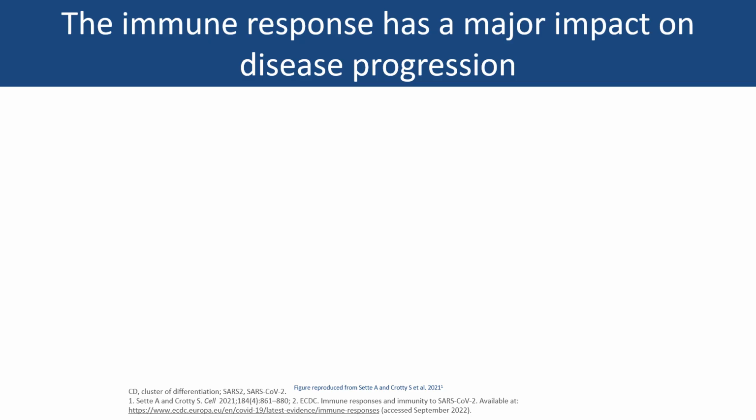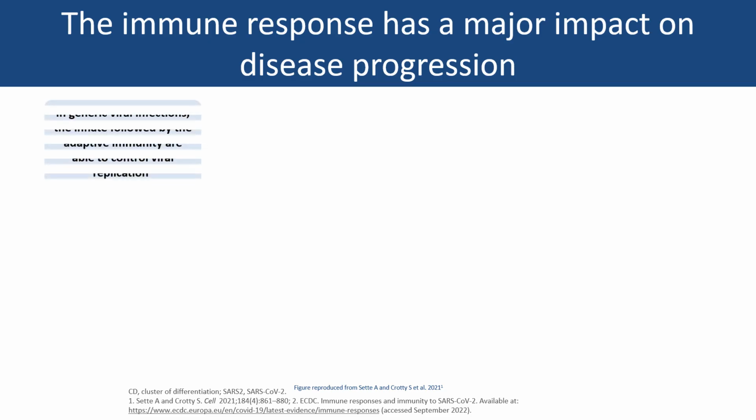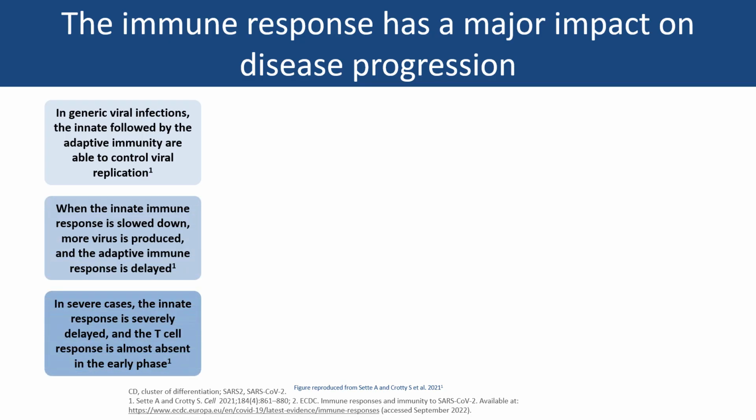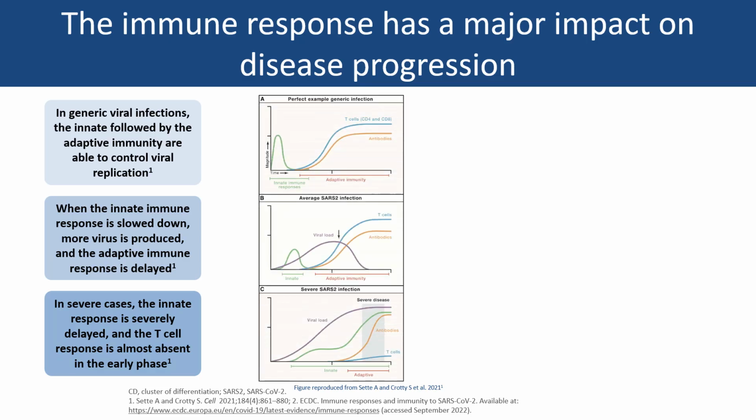This interplay between the infecting virus and the host immune response plays an important role in how the disease progresses. In a generic viral infection, the innate immunity responds promptly, followed by the specific adaptive immunity.